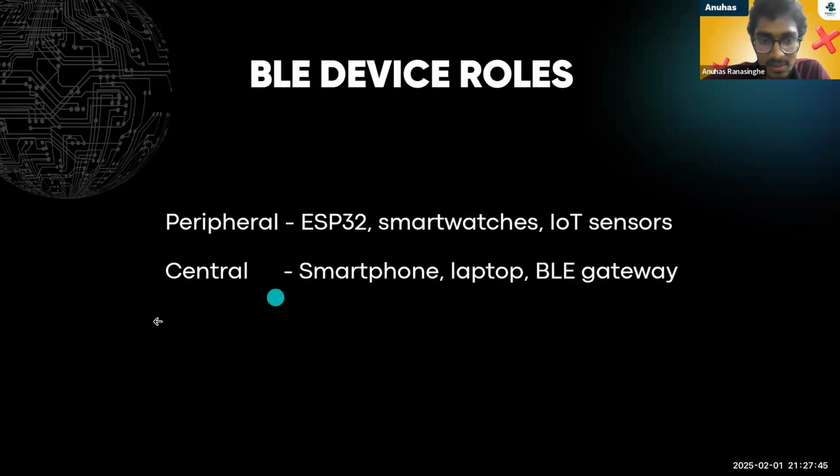And the central is the one who receives and sees the advertisements done by other devices that use BLE, like smartphones, laptops, and BLE gateways. Those are the main two categories of devices when it comes to BLE data transmission.